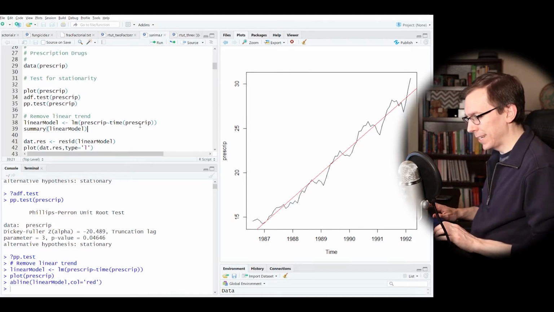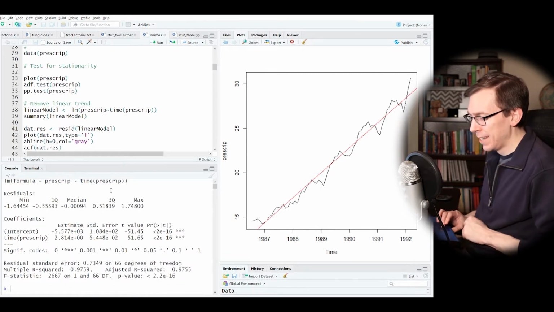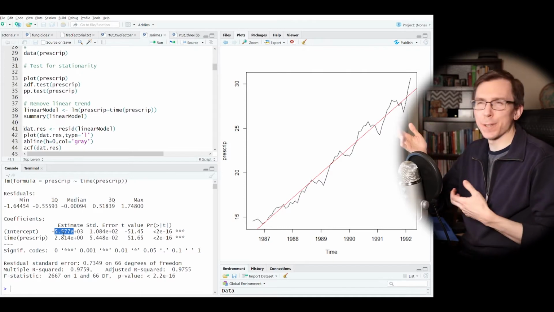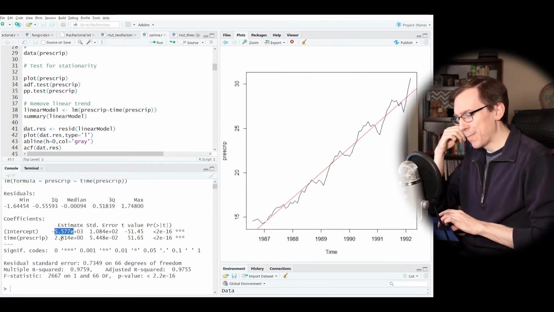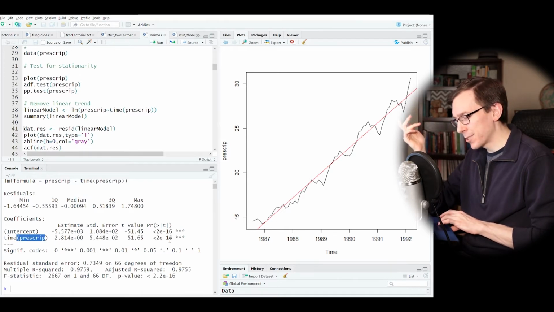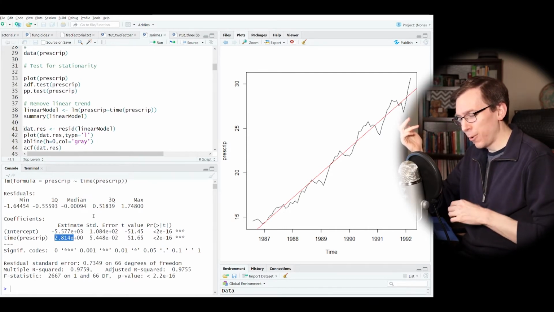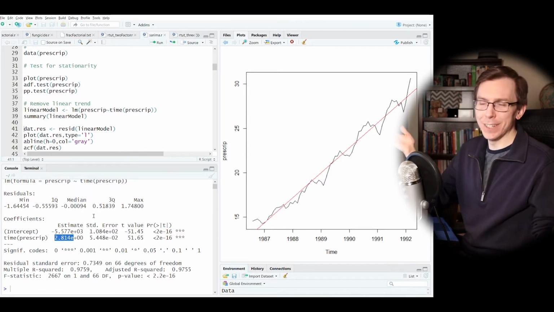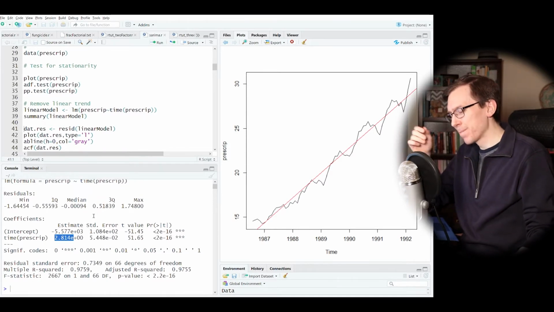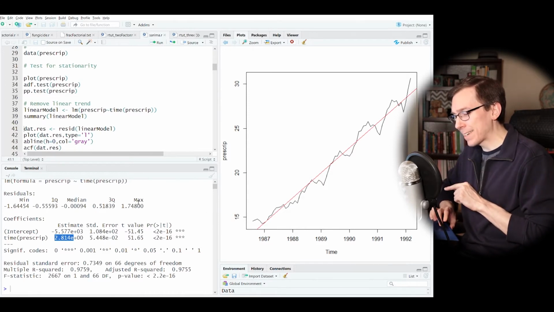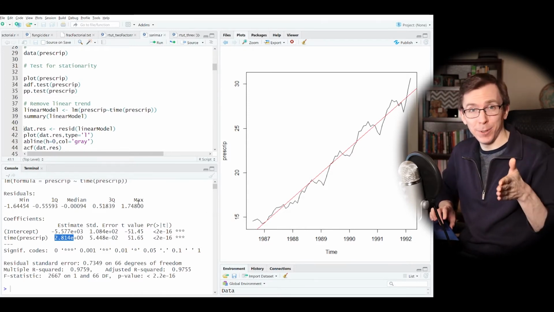But what we can also do is look at summary to see what it tells us. And it gives us an intercept term. The intercept is kind of nonsensical because it would correspond to year 0. But the time variable is quite interesting. It's very, very strongly significant. And it tells us that the increase is about 2.8 units, dollars per whatever, per year. Remember that the time series here is indexed by year, even though it's sampled every month.